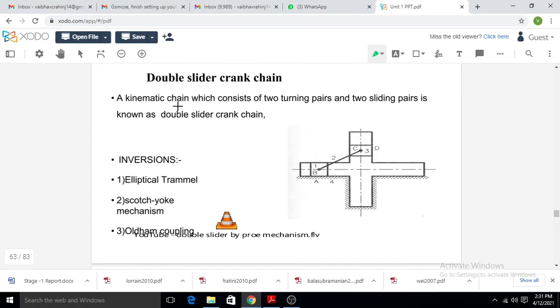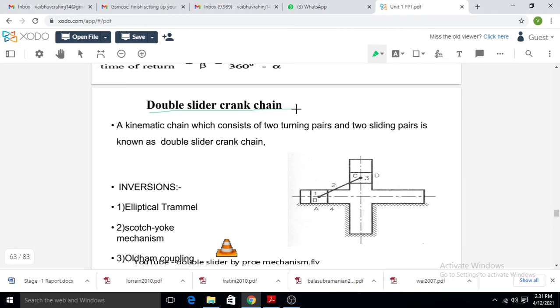The next mechanism is called a double slider crank mechanism. As we discussed the 4-bar mechanism, in which we saw the different types of inversion of the 4-bar chain mechanism, we have also discussed the single slider crank mechanism, in which we obtain different mechanisms by fixing any one link.